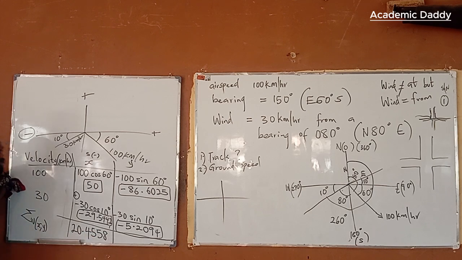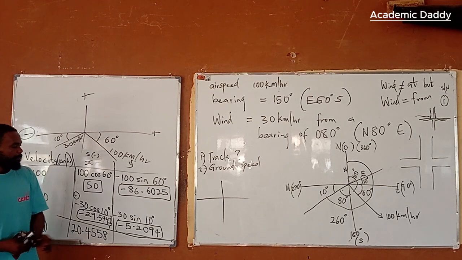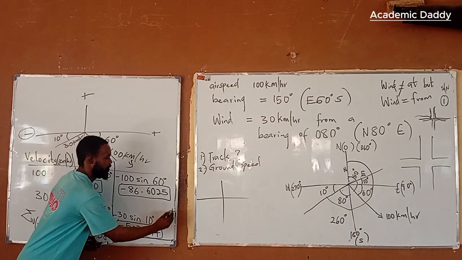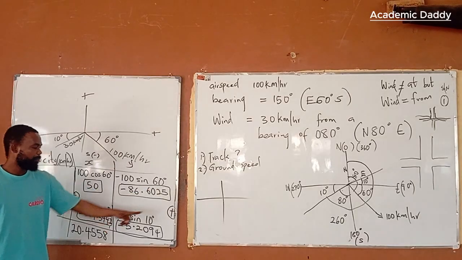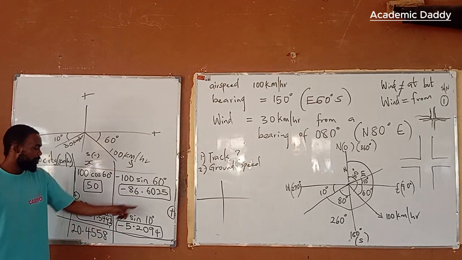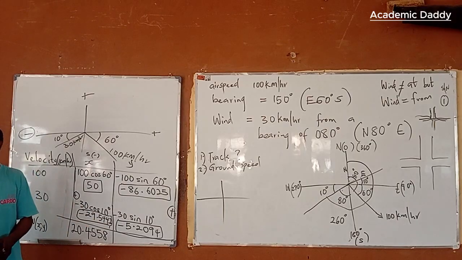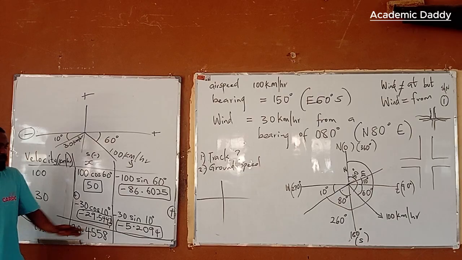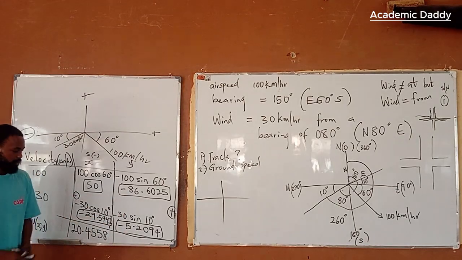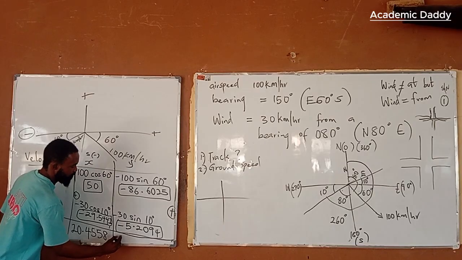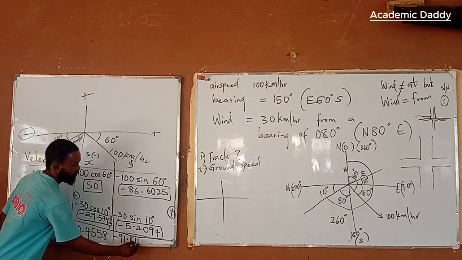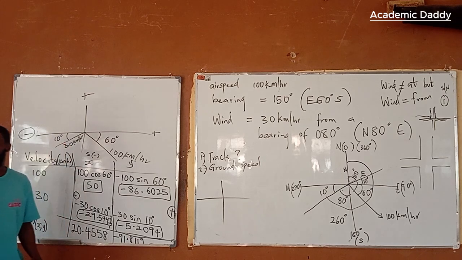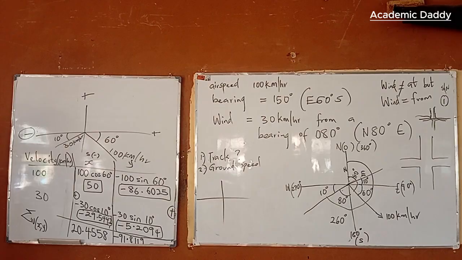Like this. What do for me? We are trying to sum up. Minus 86.6025 plus minus 5.2094. Hope you understand. Are you understanding what I'm doing? Yes. So I'm trying to sum up these two. Minus 91.8119. Like this.